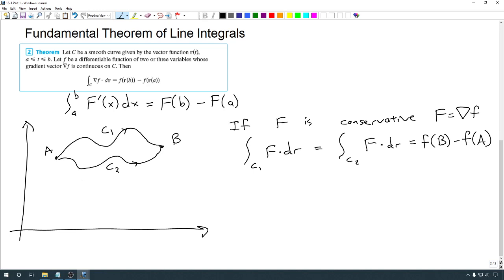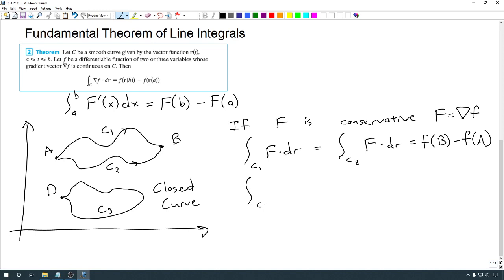Another consequence of this is if I start at some point, and I don't want to pick C for this, let's call this D, and I have some curve that starts at D and ends at D, we call this a closed curve. Let's call this C3.